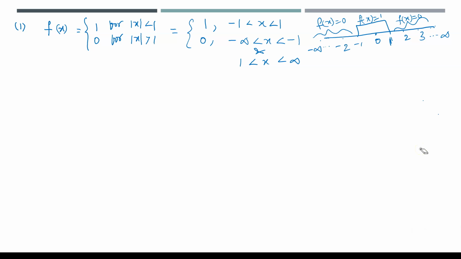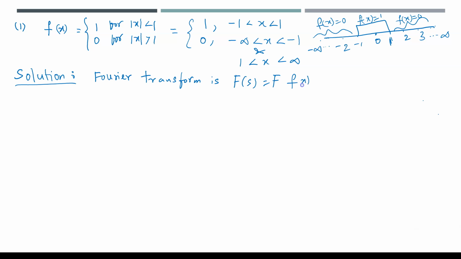let us write the definition of the Fourier transform, because we have to find the Fourier transform. So here the Fourier transform is F(s) equal to F of f(x), equal to integral minus infinity to infinity f(x) e power isx dx.